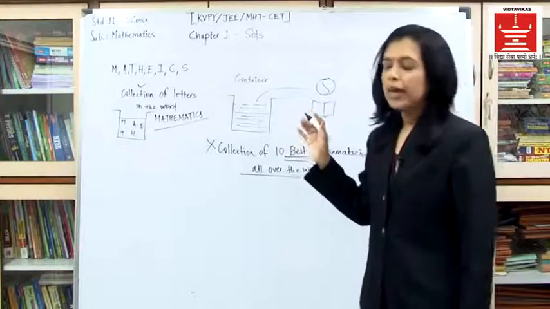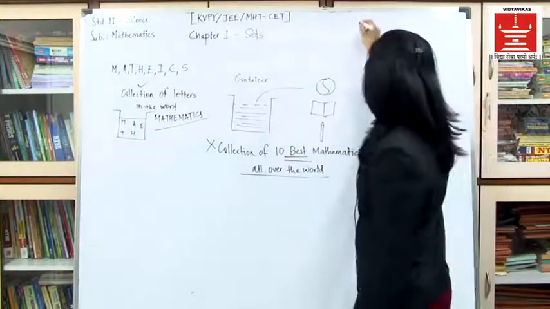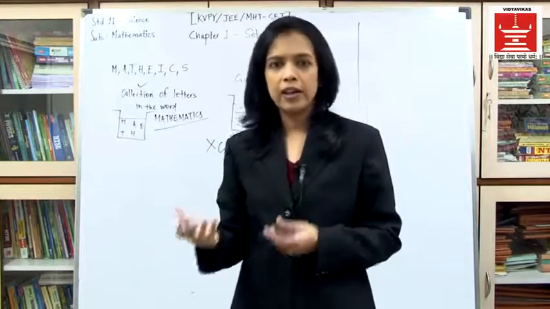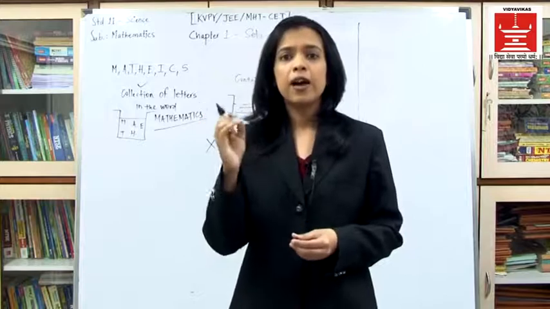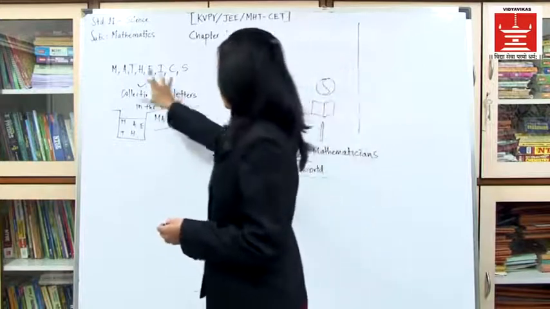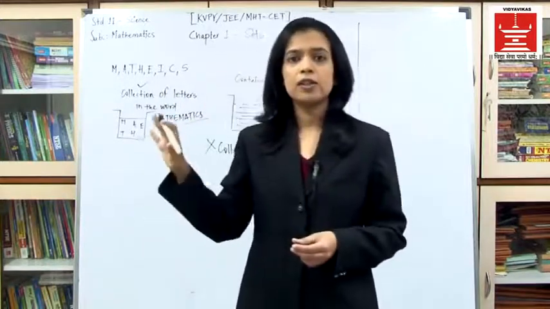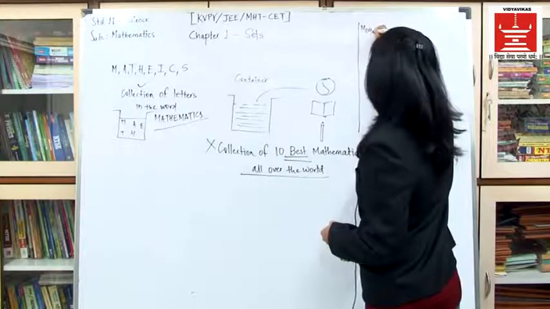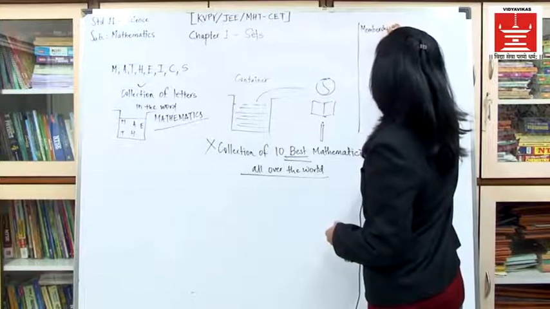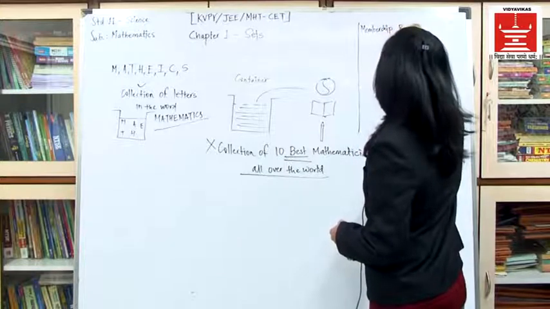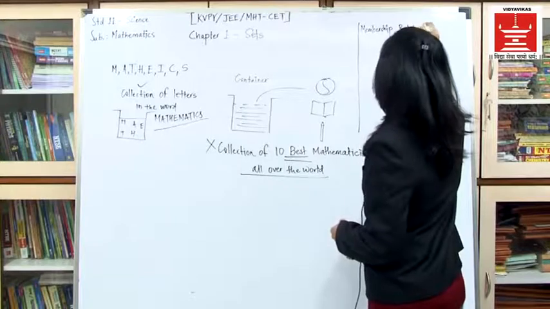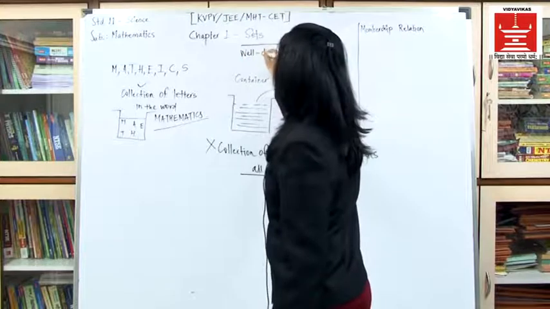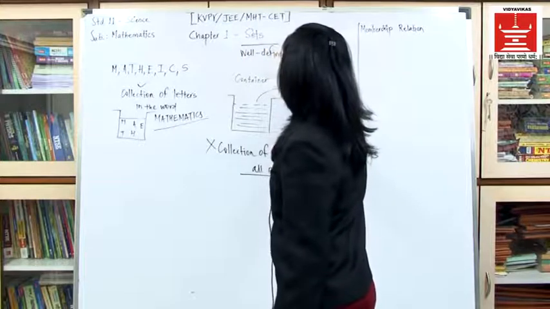Before that, we are going to see how to identify whether an object, an item or a thing is in fact a member of a certain collection, a certain set. So there is a membership relation that has been defined on a set. Now we know what a set is, a well-defined collection of different objects.